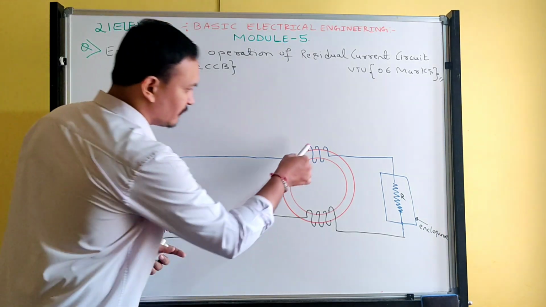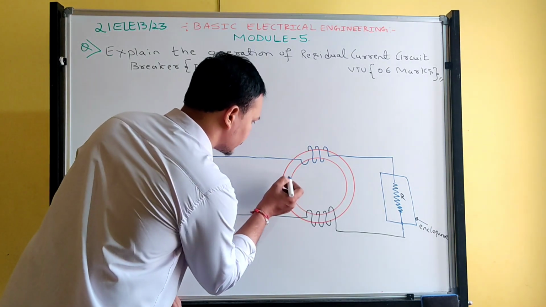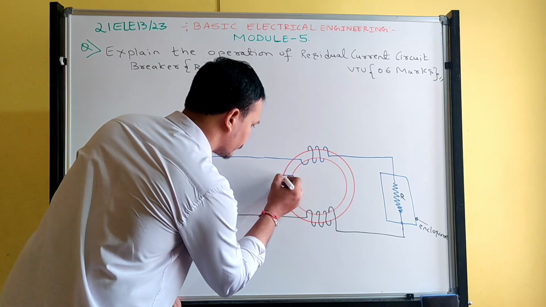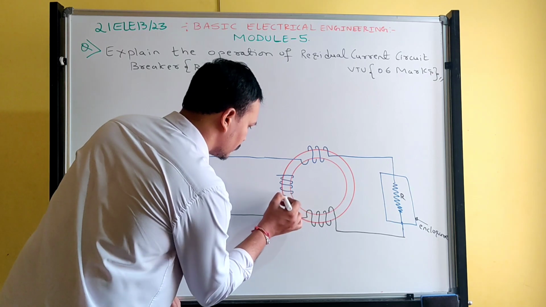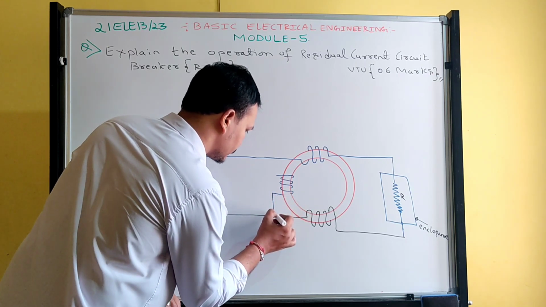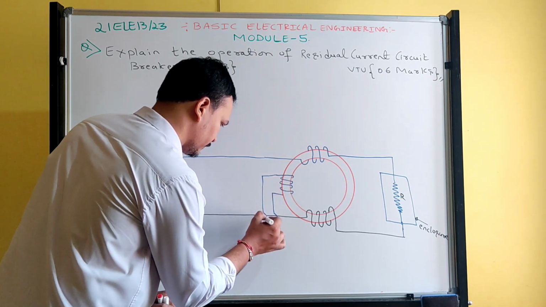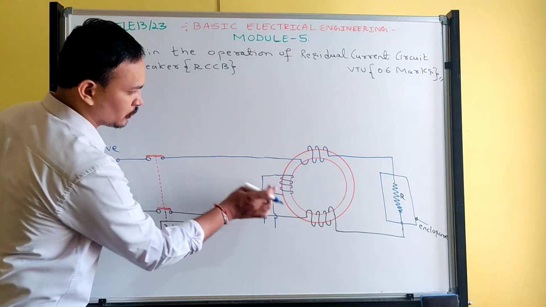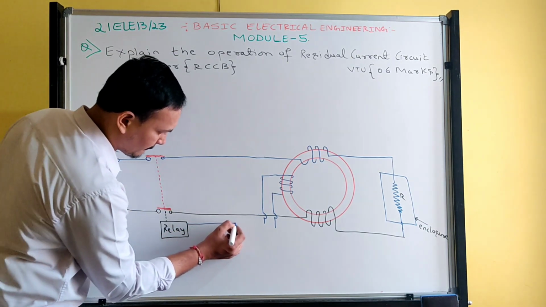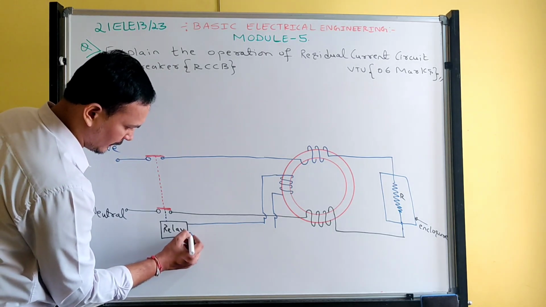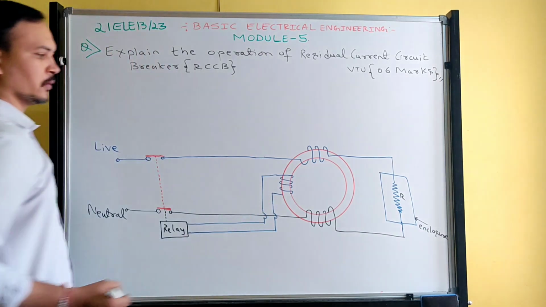Now between these two coils, you connect one sensing coil. Connect like this. What I wrote is called the sensing coil. Two ends will be there; you connect them to the relay.